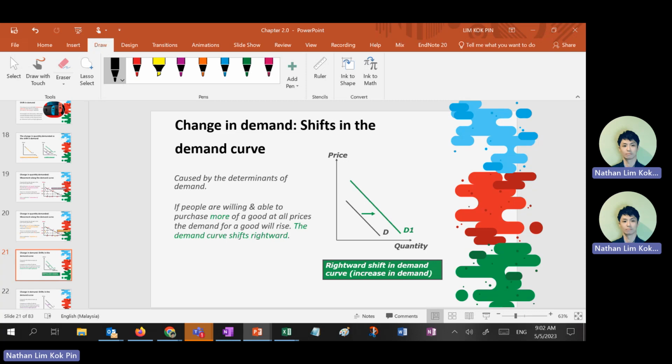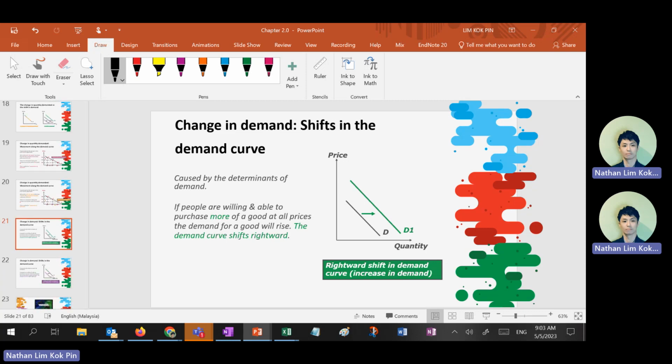Here it is shift right or shift out, outwards. This one is for an increase in demand, not quantity demanded. Take note of the terms. The terms are what I'm going to mark, whether you use the correct terms or not. Because in econs, we know demand means what? Quantity demanded means what?